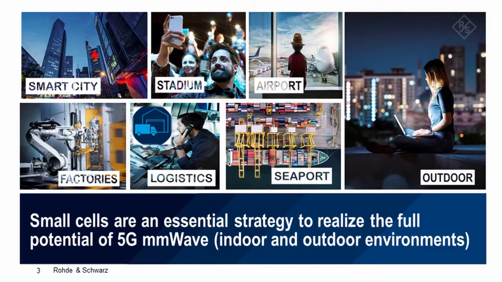Private networks are networks custom built according to the customer needs, and here the small cells and the macro cells have to complement each other to provide a service according to the different customer use cases. Some of the use cases are smart cities, healthcare, oil and gas, stadiums, airports, smart factories, logistics, seaports.